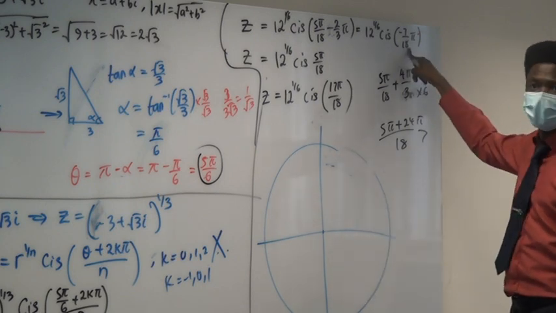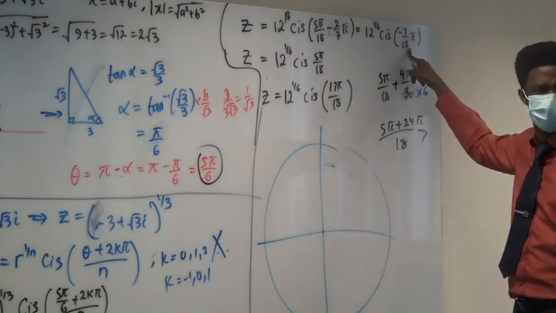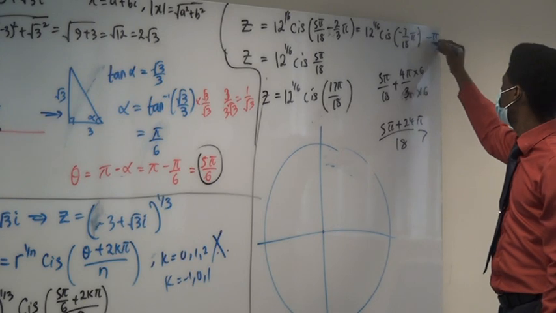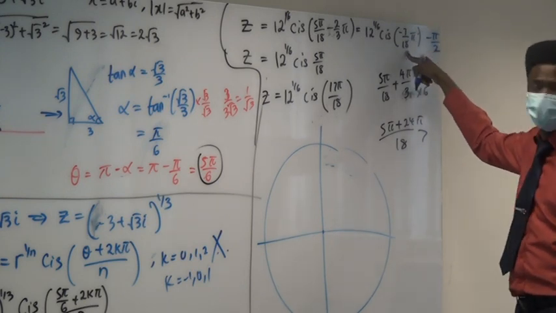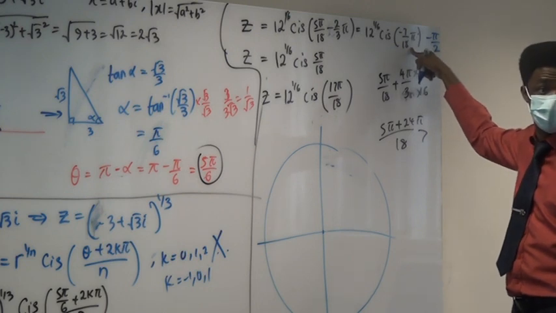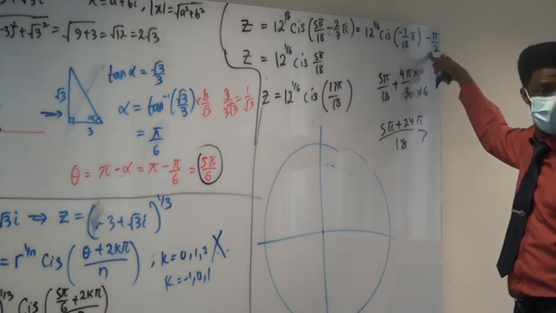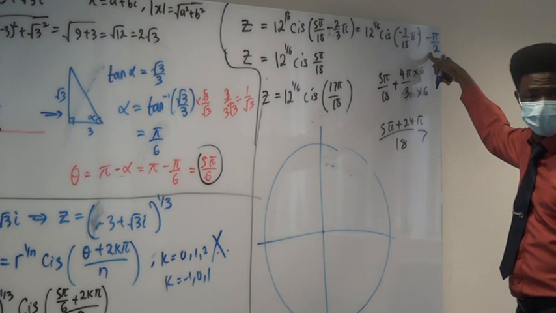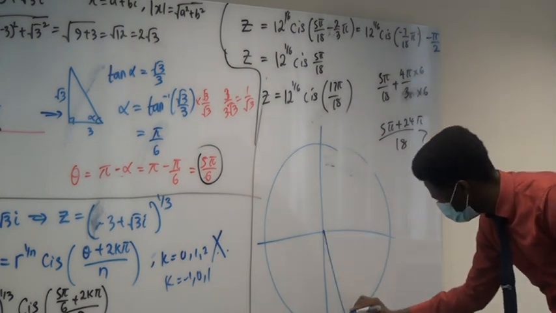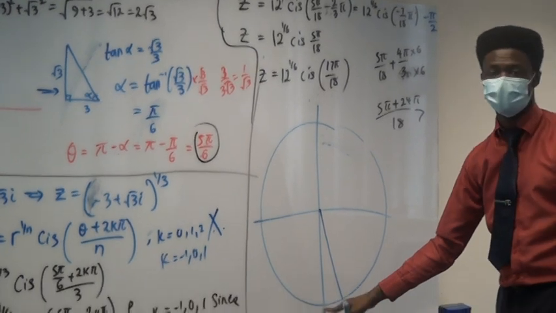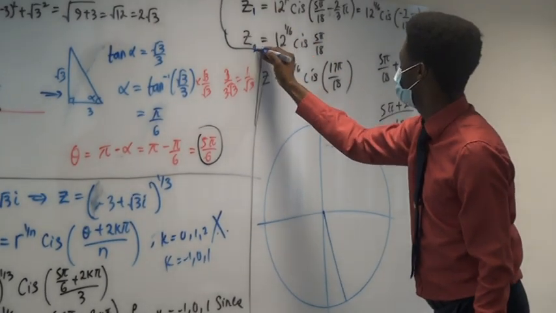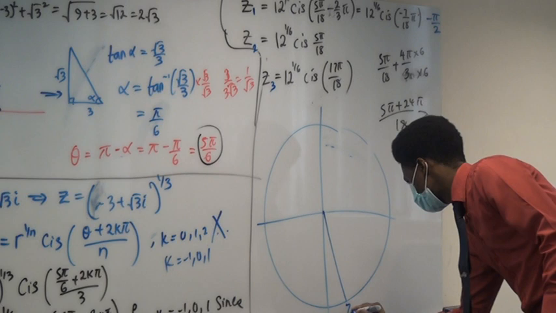Now 7 pi over 18 is close to half of pi, it's close to minus pi over 2. Do you agree? Because 9 minus 9 over 18 will be this. Am I making sense? So the first one is going to be somewhere here, close to here. So if I call these Z1, Z2, and Z3, this is my Z1.